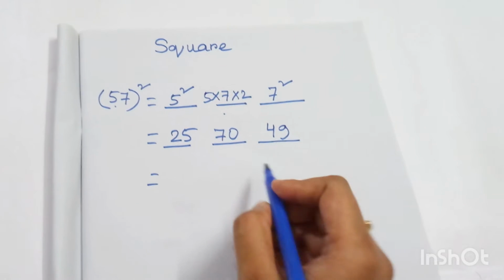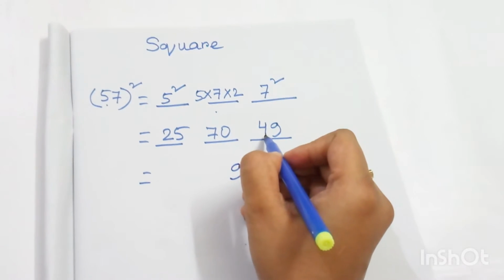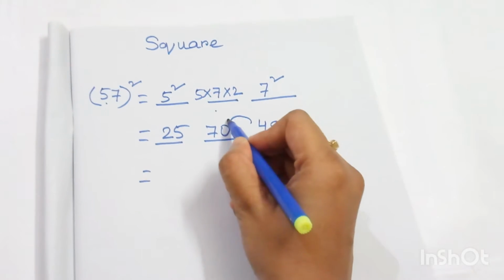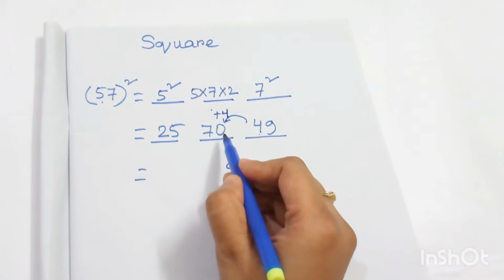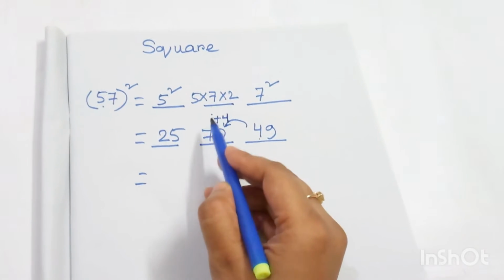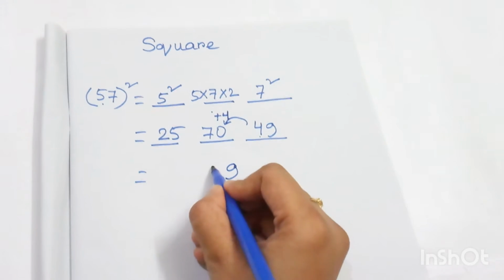Here it is 9, so put 9 and the 4 will be added with this number. So 70 plus 4 equal to 74 and put the unit place here.